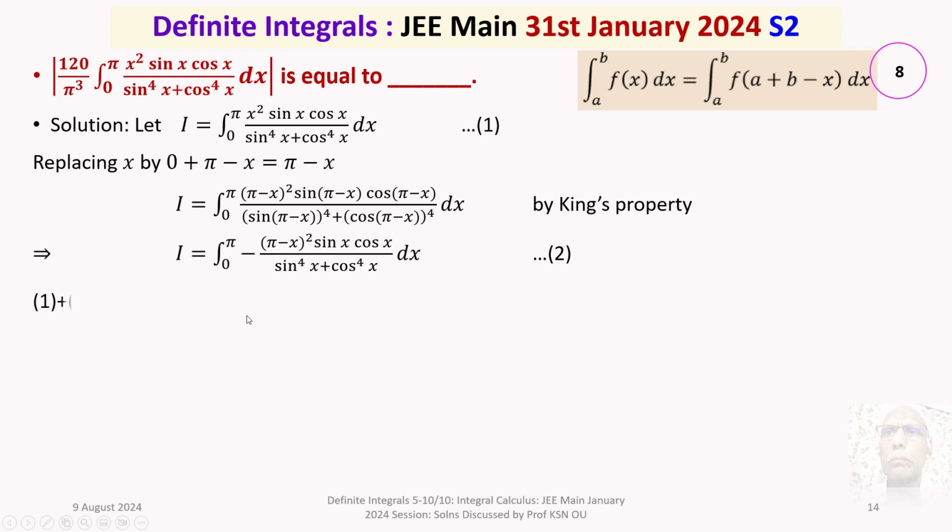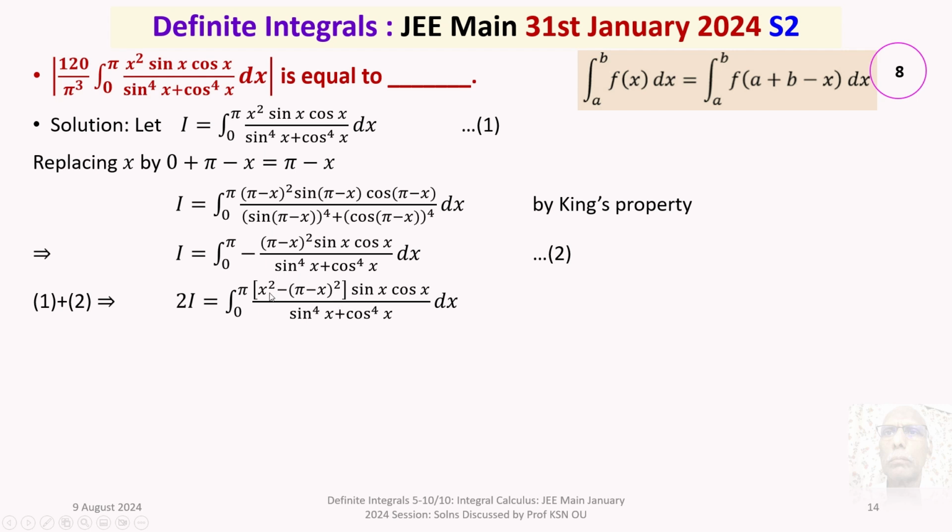Now add 1 and 2. Then you will get 2I equals integral 0 to pi, and this is x square minus pi minus x whole square in bracket, and the remaining is as it is. Now when you expand x square minus pi minus x whole square, this will be minus pi square plus 2 pi x minus x square.